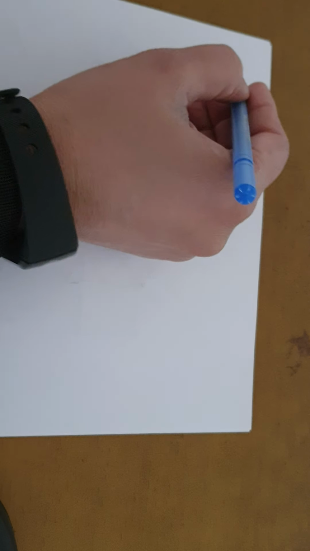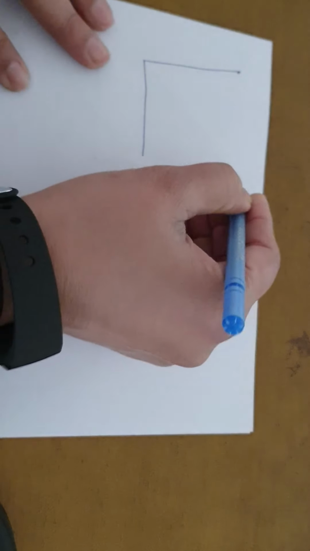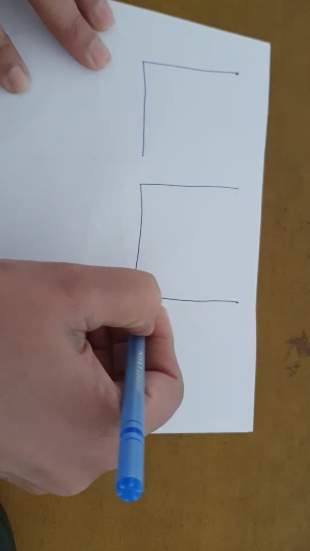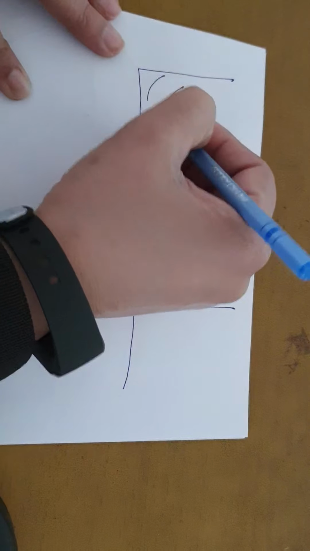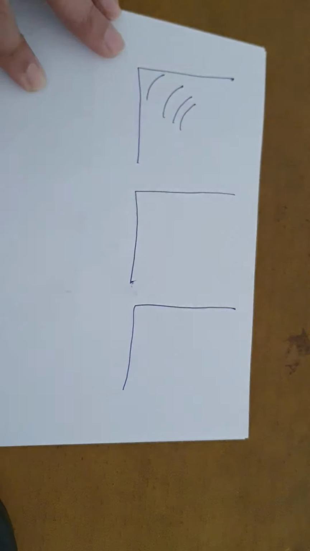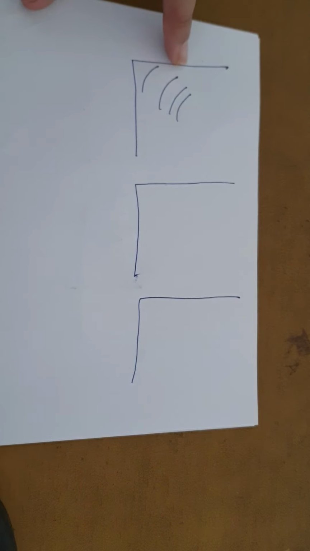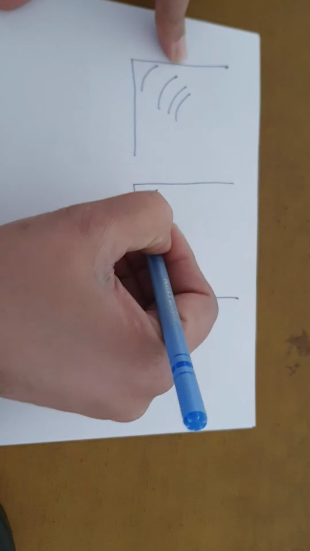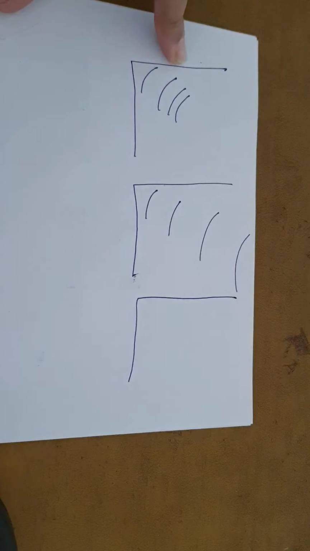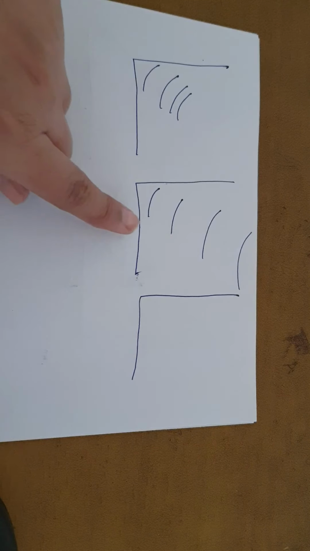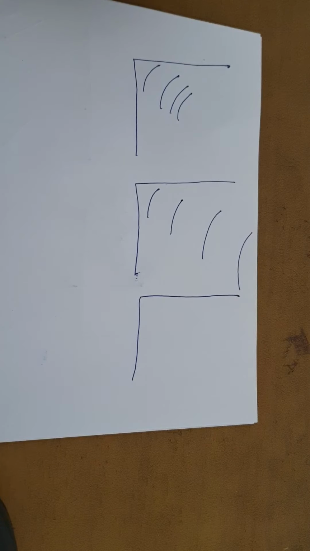If you want to draw these three situations without using that straight line, you can draw it like this. If this distance is decreasing, this is an example of increasing returns to scale. If the distance is increasing like this, this is an example of decreasing returns to scale.